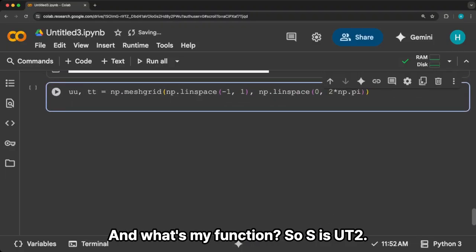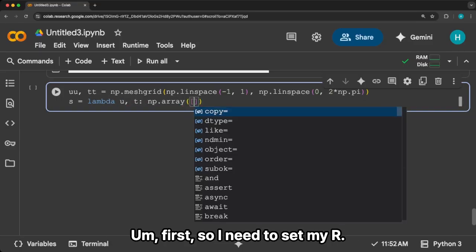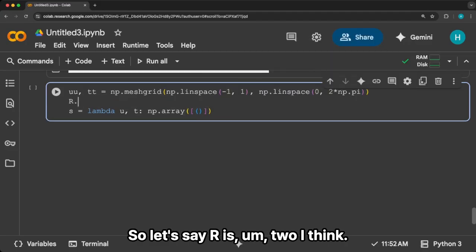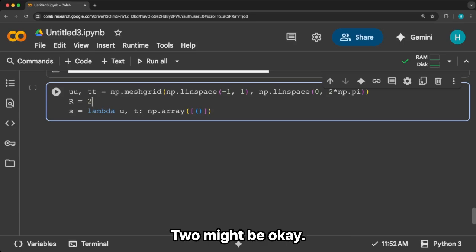And what's my function? So S is a function of u and t. First I need to set my R. So let's say R is 2, I think 2 might be okay.